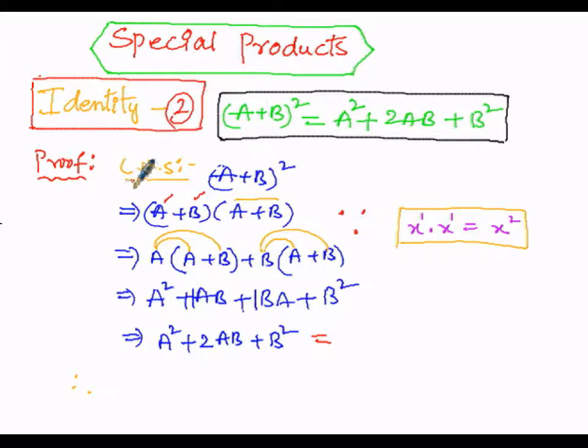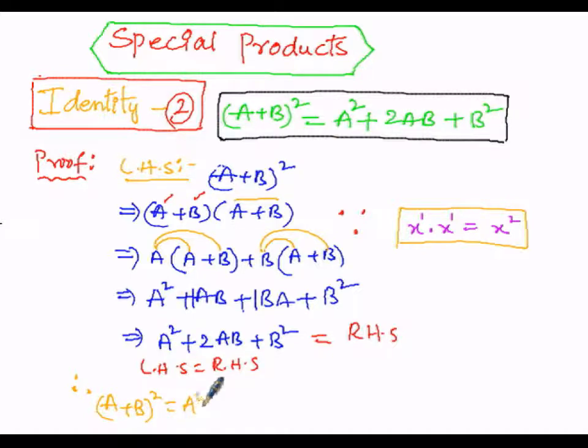So here we took LHS, then we reached the RHS. In this manner LHS equals RHS, hence (a plus b) whole square equals a square plus 2ab plus b square.